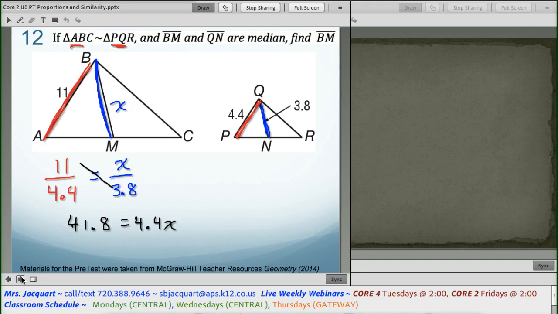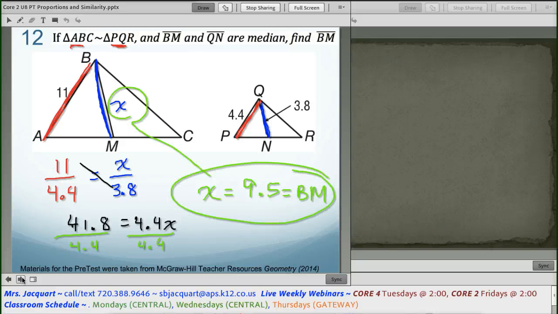Divide both sides by 4.4. And then we find that x equals 9.5, which is BM. Sweet.